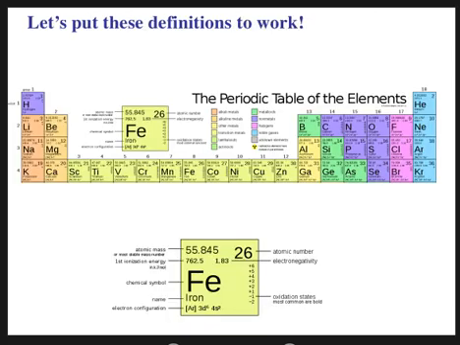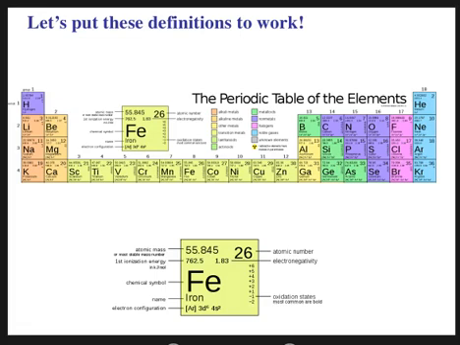So here's just part of a periodic table. We're going to put some of those definitions to work. I blew up the portion with the iron, so down below. Up top is a portion of the periodic table, and then I took that explanatory portion and blew it up. So the atomic mass is up there in the upper left, the atomic number in the upper right. So remember what we said.